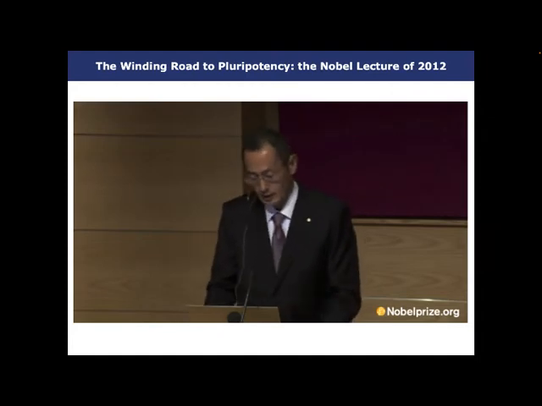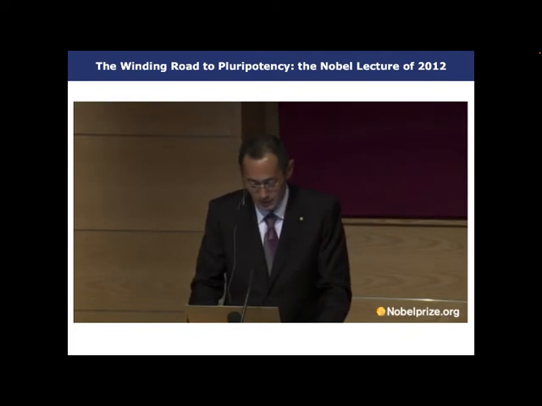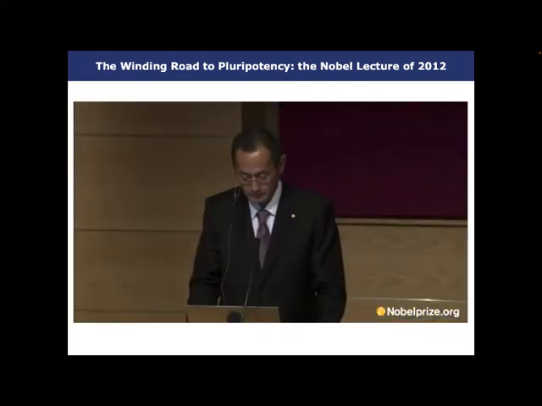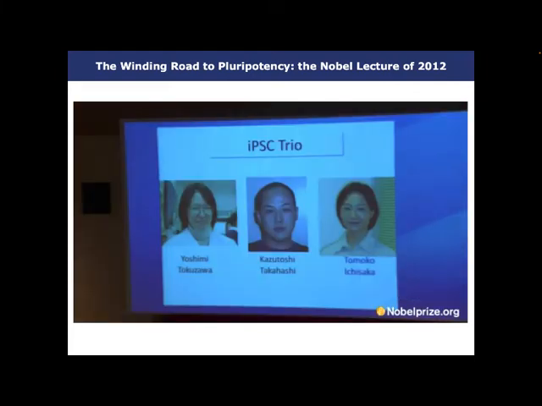Then, by using this simple, very sensitive assay system, another member of my lab, Kazutoshi Takahashi, did a remarkable job to identify the 4 factors out of the 24. So it was indeed these 3 young researchers who generated iPS cells.